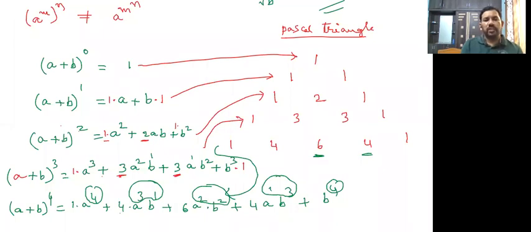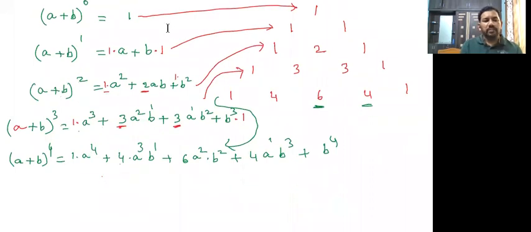Students, have you understood now? So up to here, please copy this. After this, write yourself a plus b whole power 5. In the Pascal triangle, I have written up to a plus b whole power 4 only. Then how to write the remaining terms?